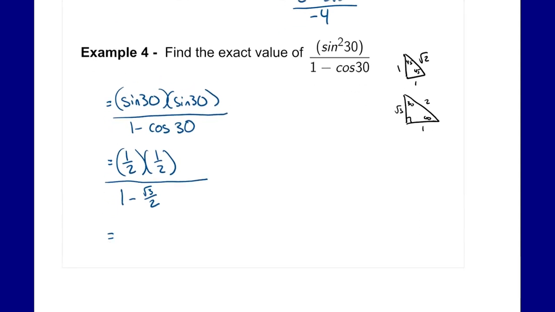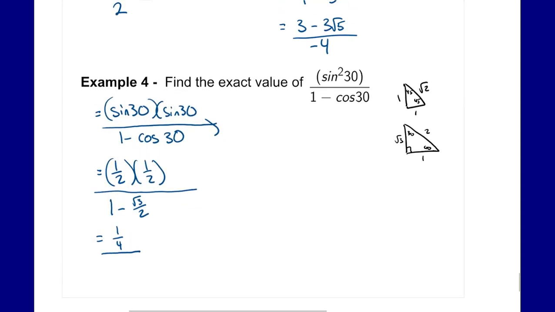I can simplify the top, because 1/2 times 1/2 is 1/4, divided by 1 minus root 3 over 2. I want to add these together.